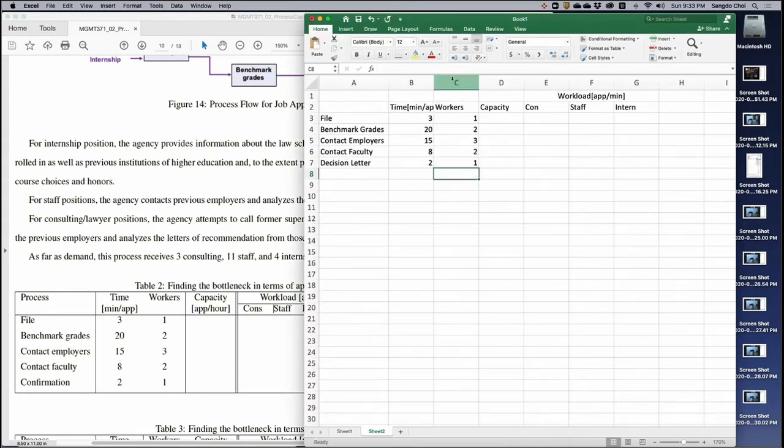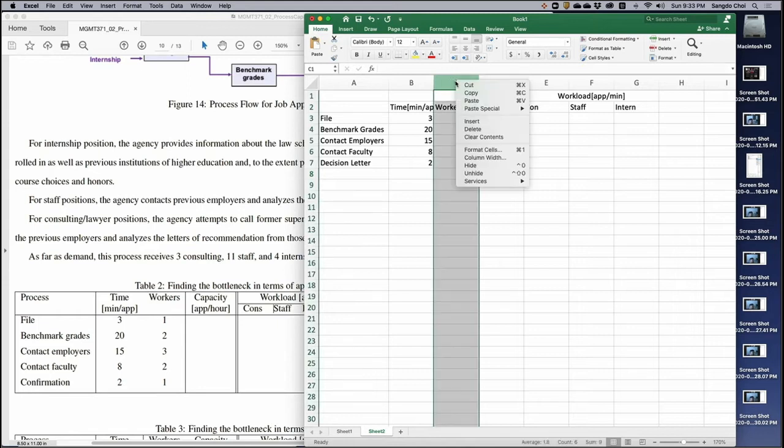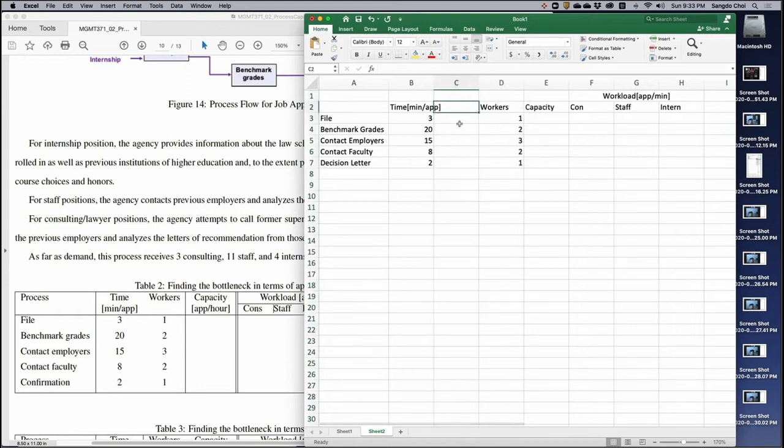Now, to compute our capacity, we first compute the individual capacity. Column B is the processing time. Individual capacity will be applications per minute, and later we can compute applications per hour.